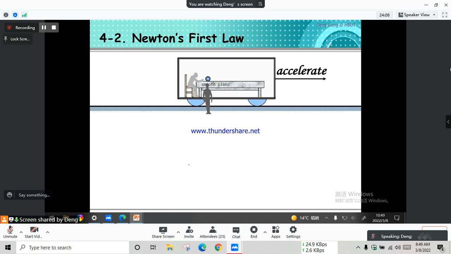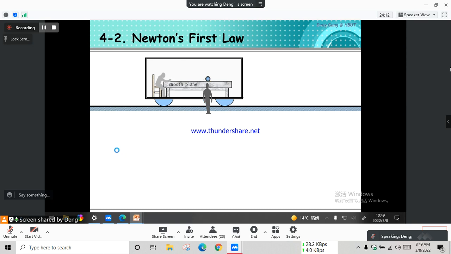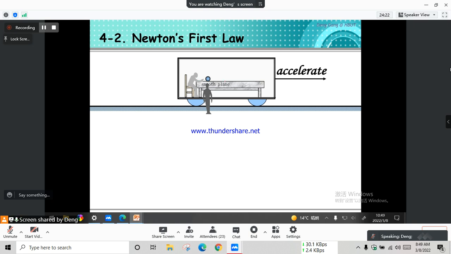Still here, relative to this guy on the ground. So let's check this again. Originally the ball is here relative to this guy, right? And when it accelerates, it moves toward this guy, but relative to the guy on the ground, it is still at rest.